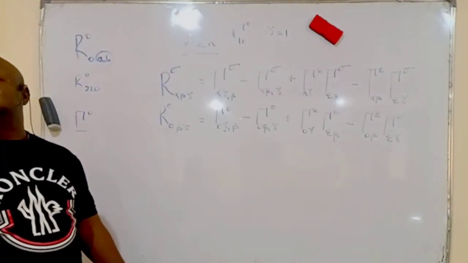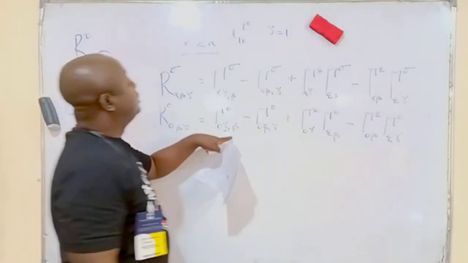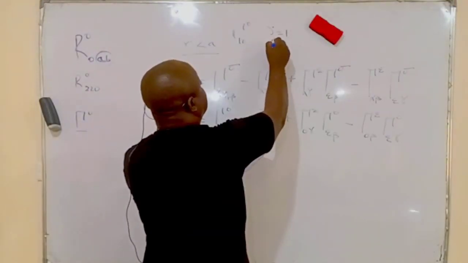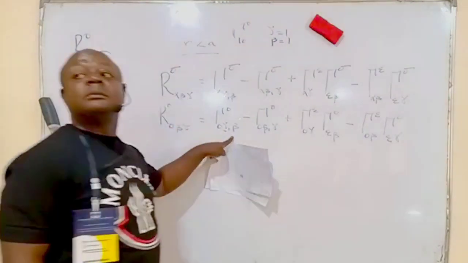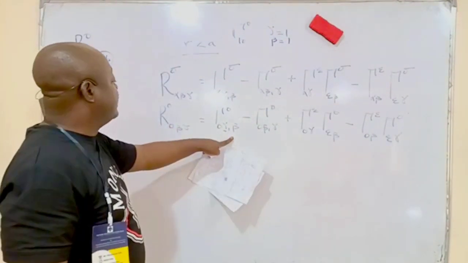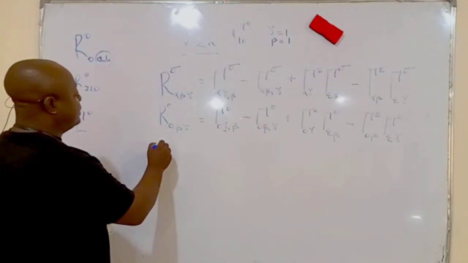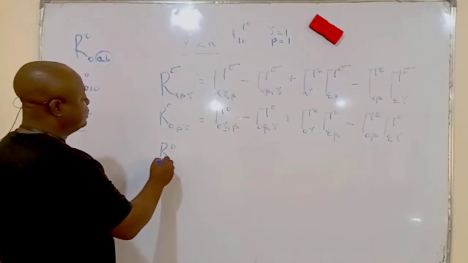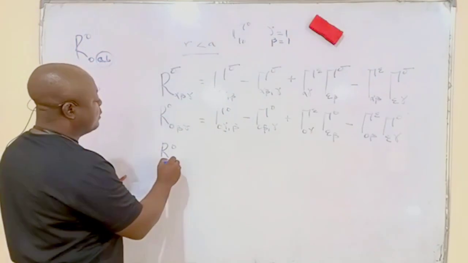Our 0, 1, 0 depends only on R. So we also expect our beta to be 1. Then what we are seeing is we have R, 0, 0, 1, 1.